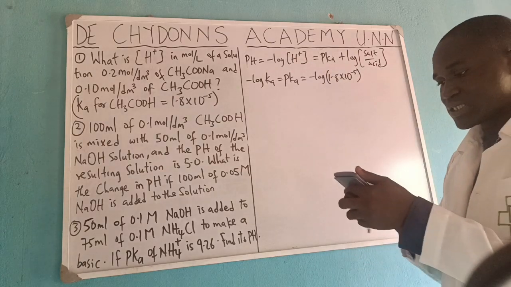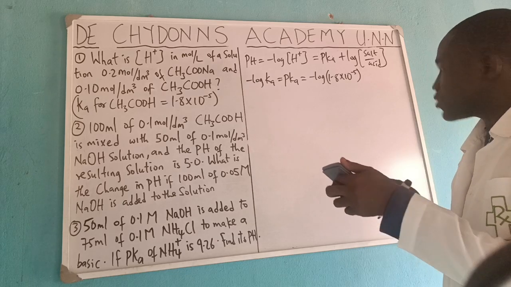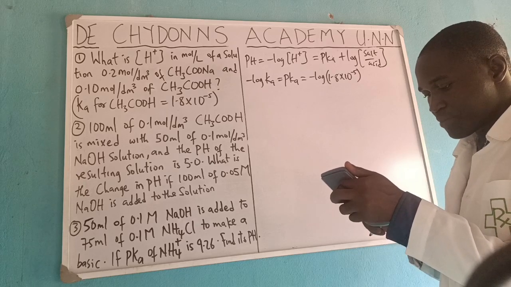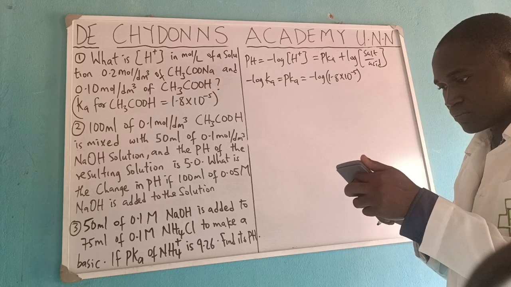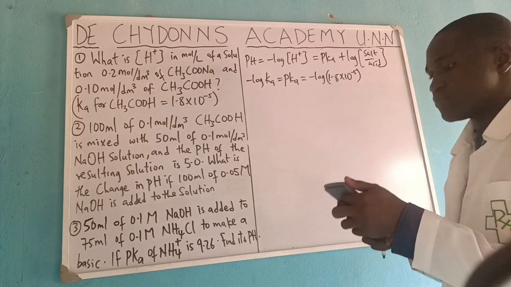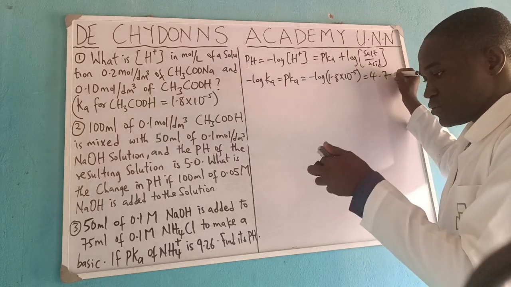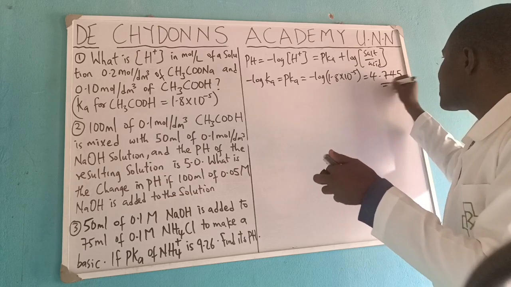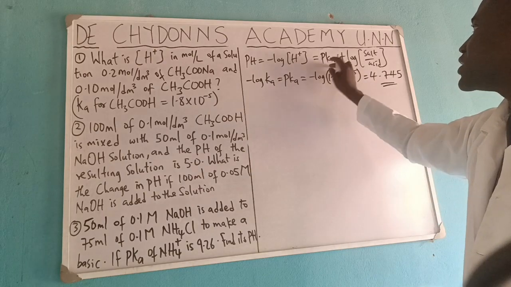Then we press it in the calculator, minus log of 1.8 times 10 raised to power of minus 5. That gives us 4.745. That is our pKa. I will put it here.